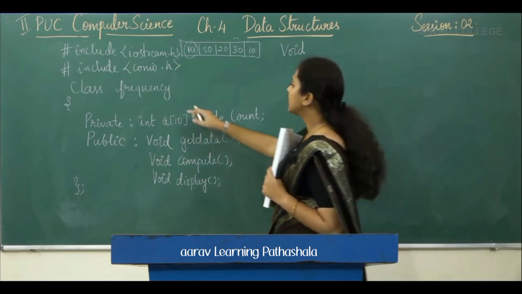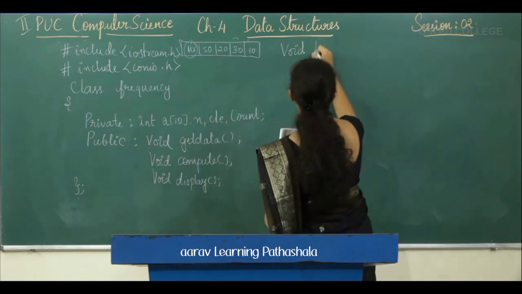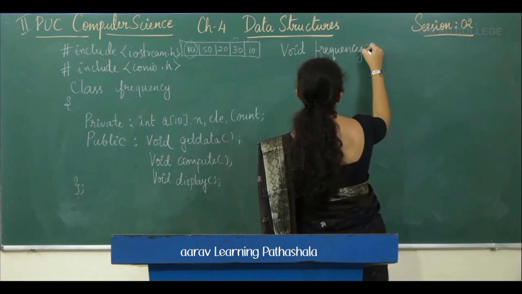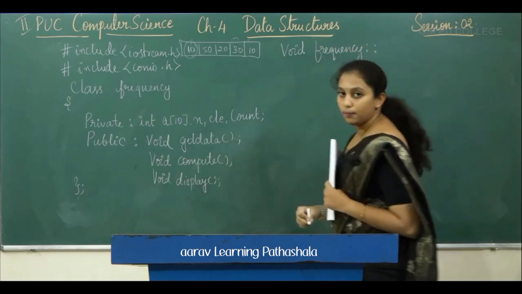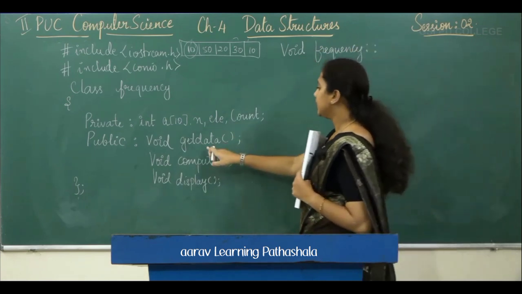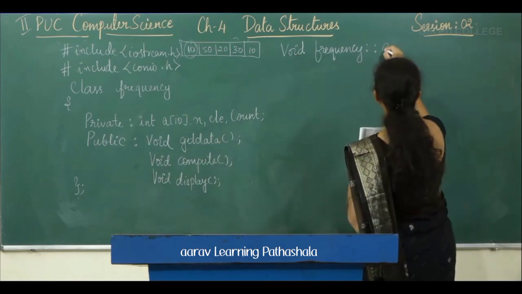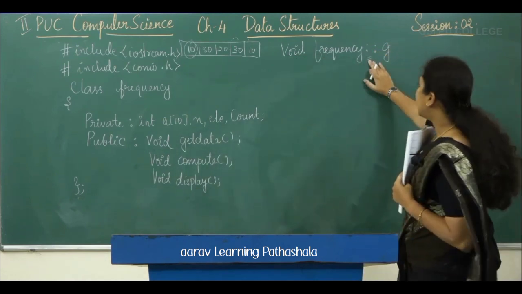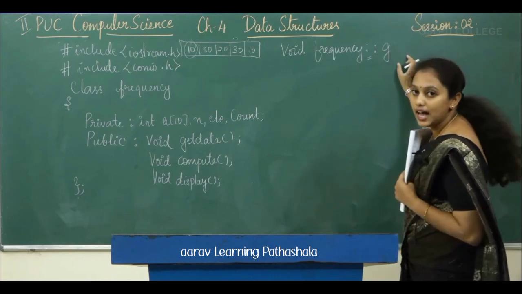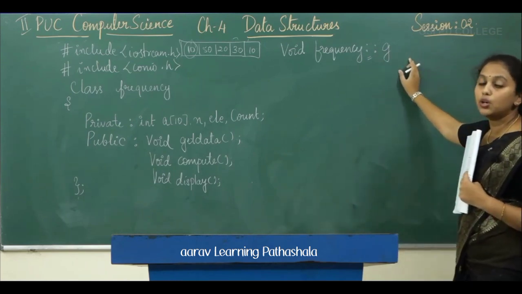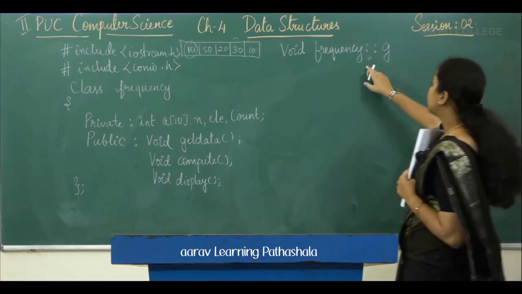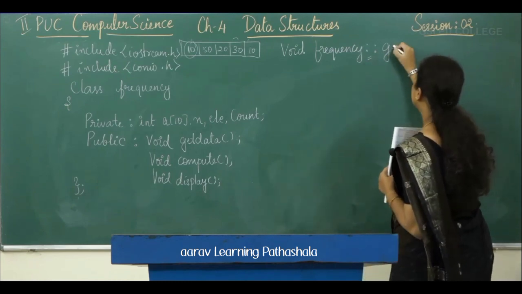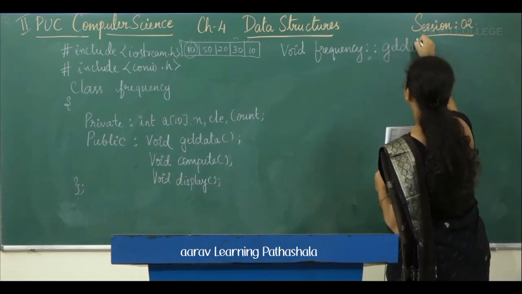The name of the class is frequency. So void frequency, scope resolution operator, then getdata. The scope resolution operator tells which class this function belongs to. That is the usage of the scope resolution operator.